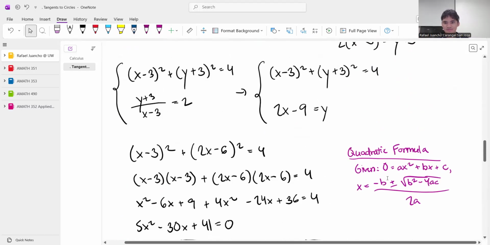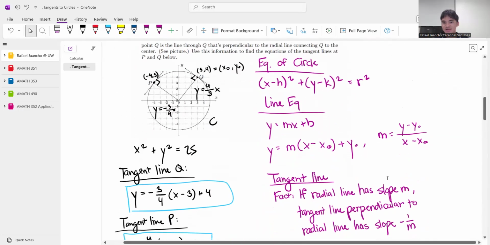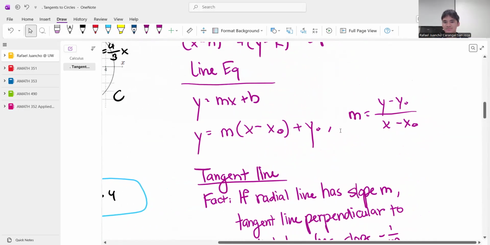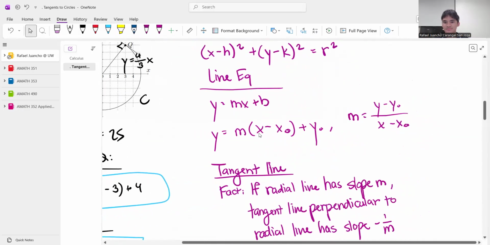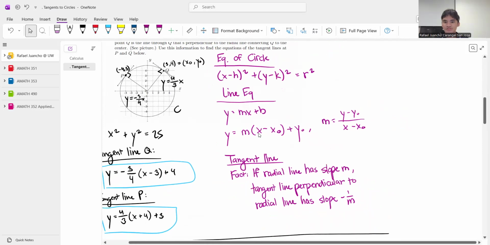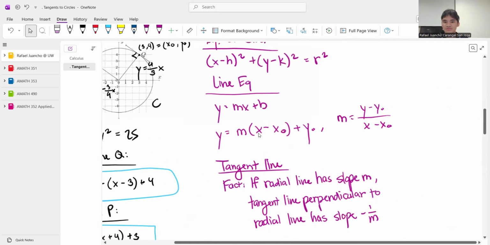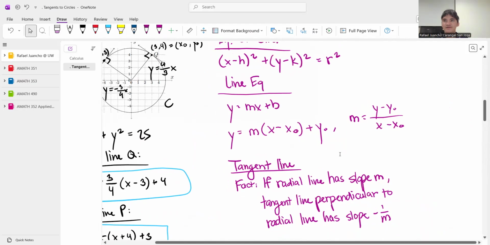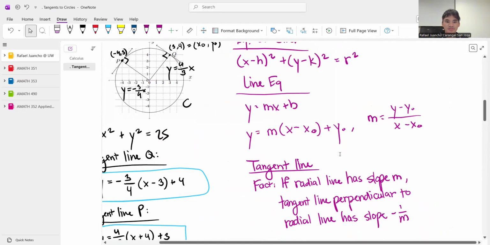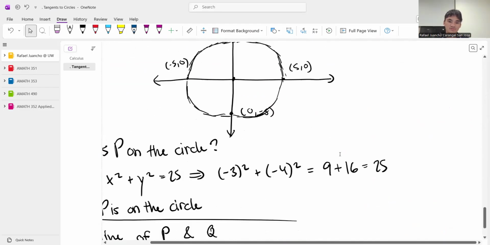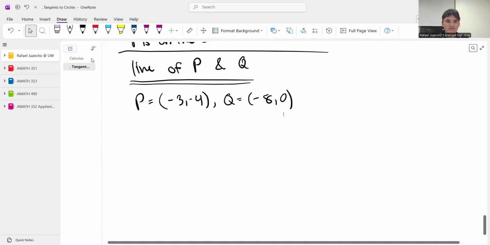And if we look back at our tools from the previous video, we just need 2 points where we have x and y coordinates for both points. So let's use that tool, shall we?